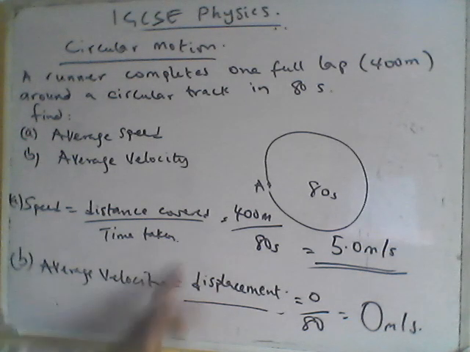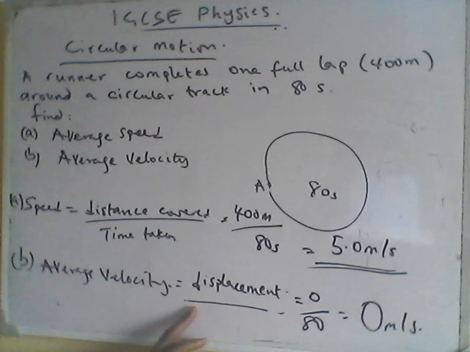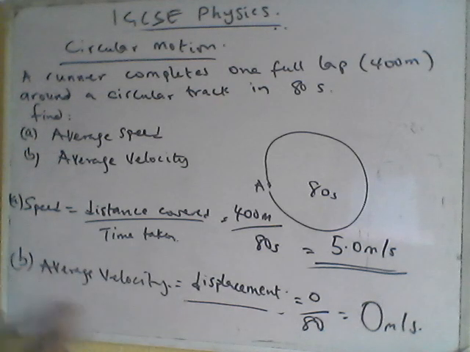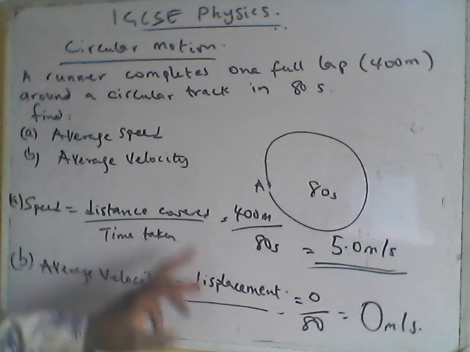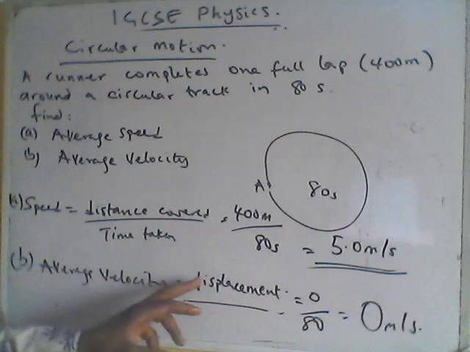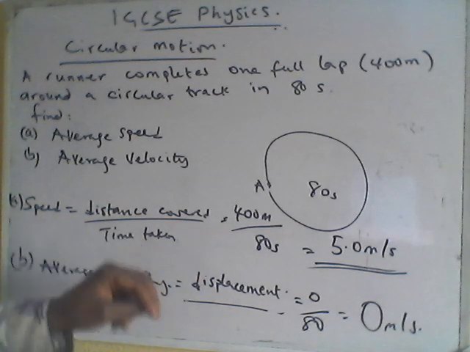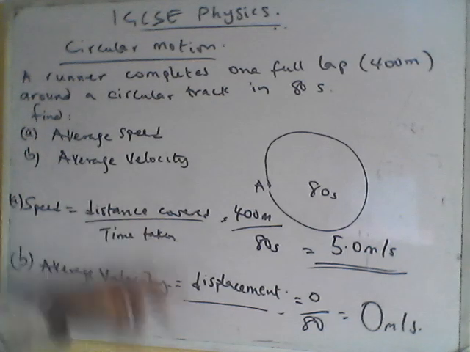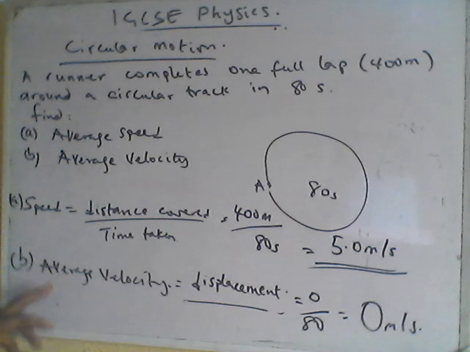Displacement being a vector also makes average velocity a vector. So if your net movement does not change from initial to final, then you don't have any displacement, so therefore you don't have average velocity.